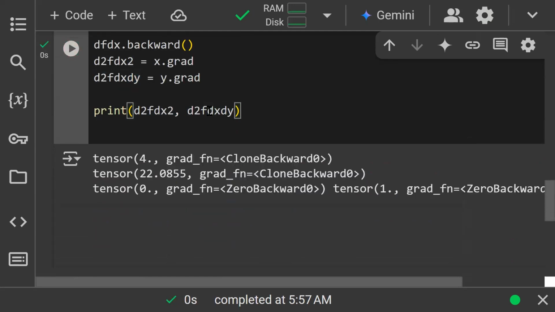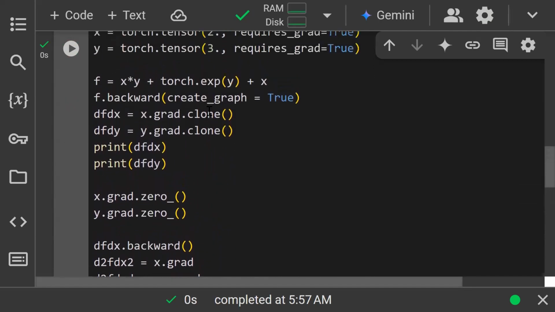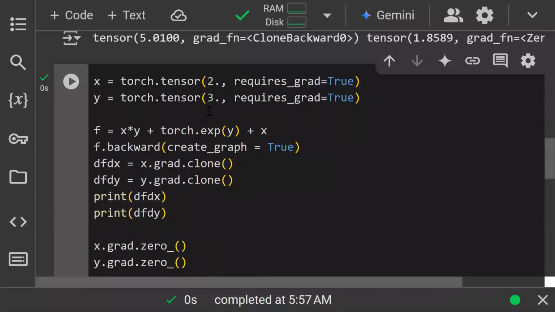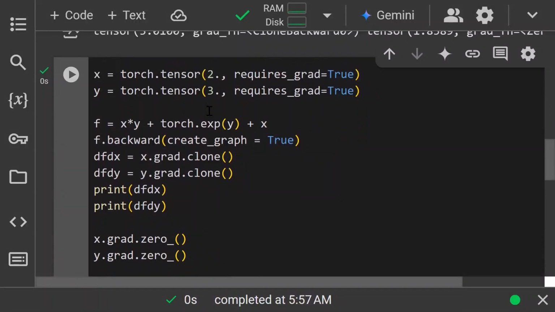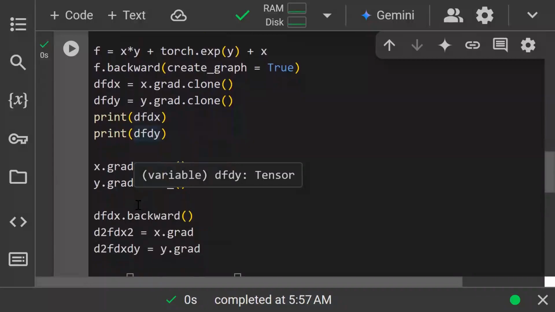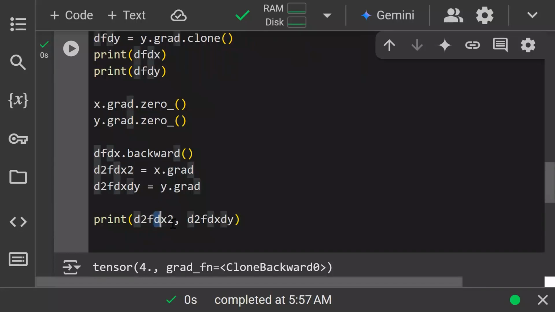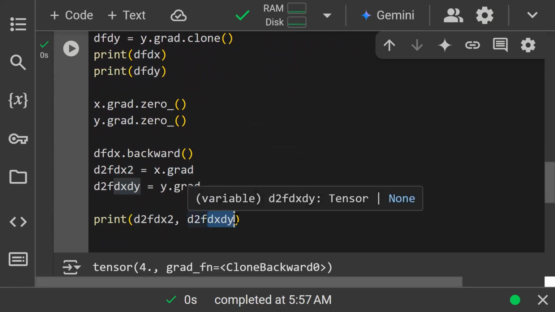You should be able to follow the logic here, where we start from the function f, and then compute the first order derivatives, and then we compute the second order derivatives like this. Finally, we have the second order derivative of f with respect to x twice, or with respect to x once followed by y.